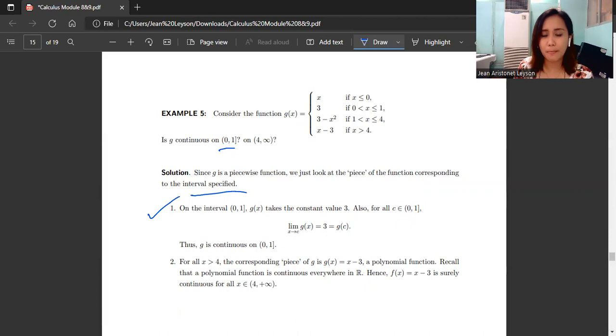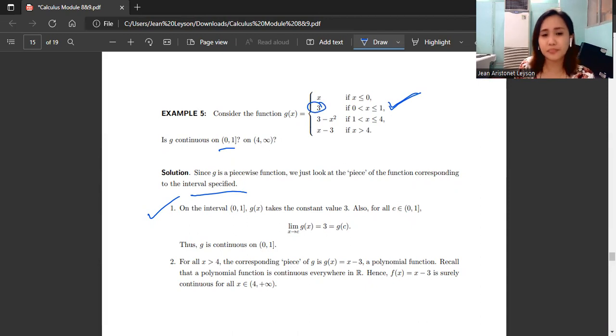So for number 1, on the interval 0 to 1, closed interval, g of x takes the constant value 3. So 0 to 1, it's here. So the value of the function from 0 to 1 is 3.